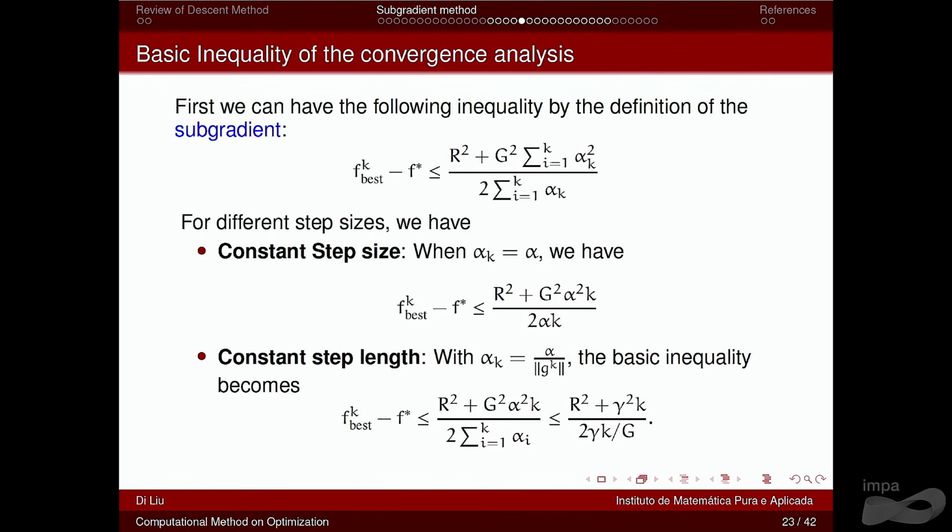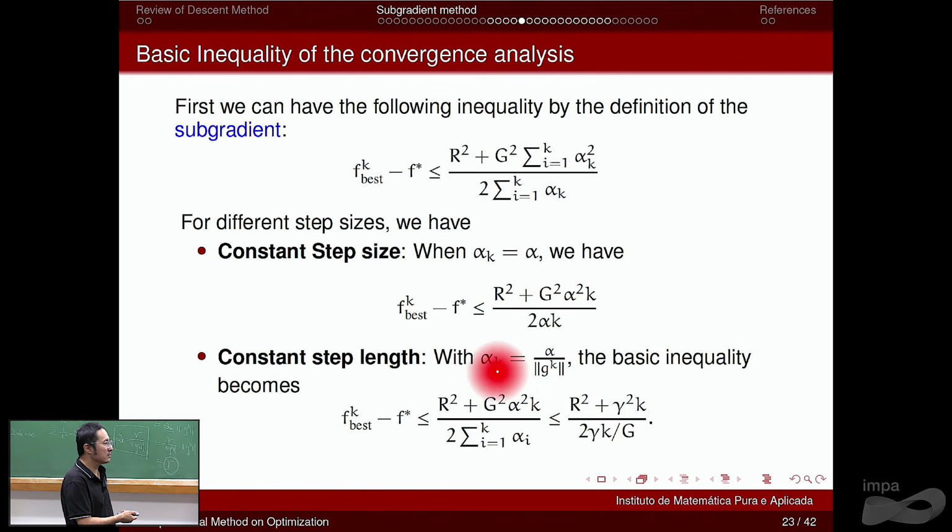And another one, let's analyze if we use the constant step length. We choose alpha k equals some gamma over the norm of g_k, and this becomes like this.